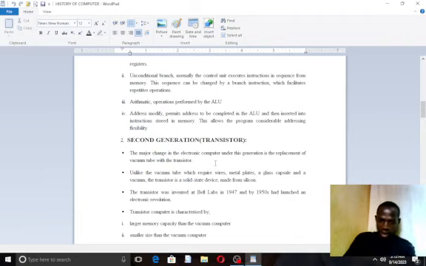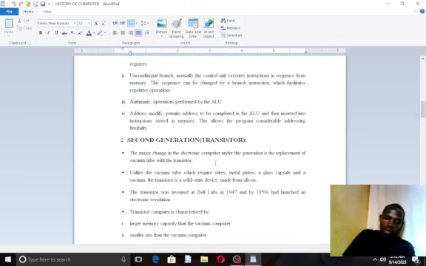The transistor was invented at Bell Labs in 1947, and by the 1950s had launched an electronic revolution.